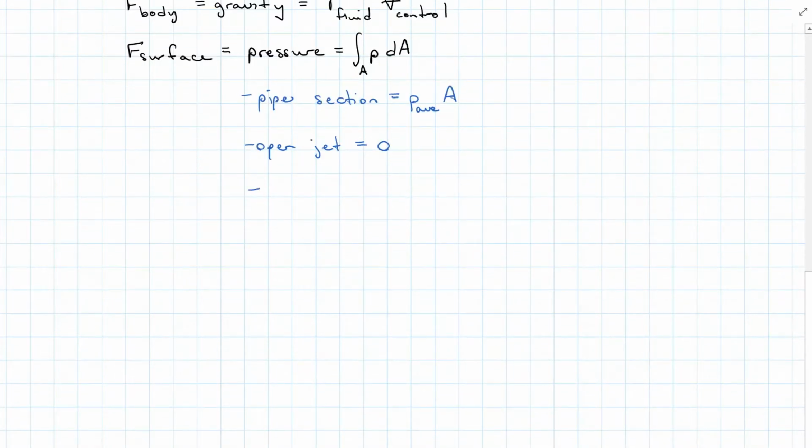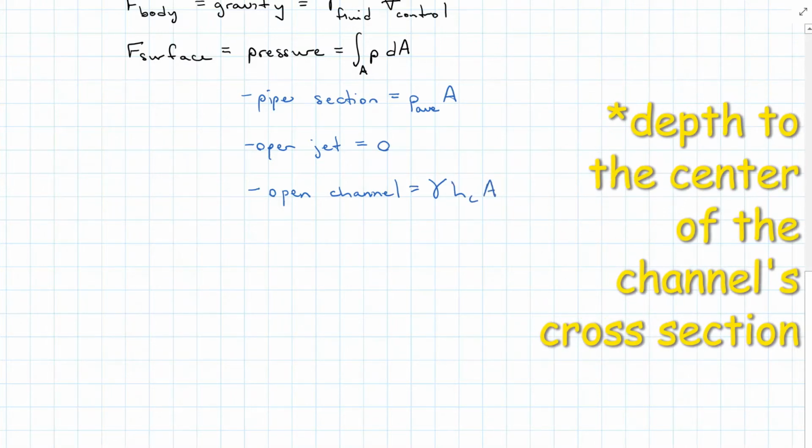And if we have an open channel, our force is going to equal the specific weight of the fluid times the depth of the channel and the cross-sectional area of the channel.